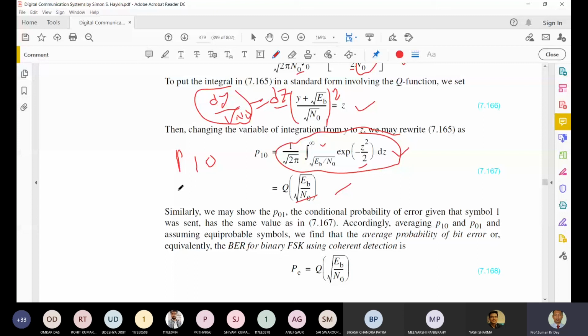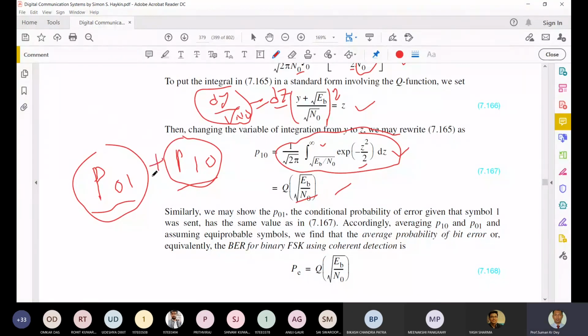Again, we can receive 0 when we send 1, and we can find the probability P(0|1), and it will come out the same value. So now we add these two values to get the probability of error for the BFSK.